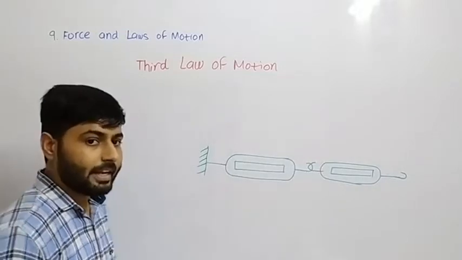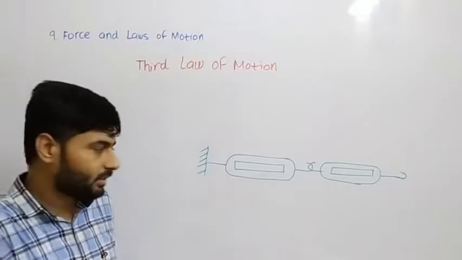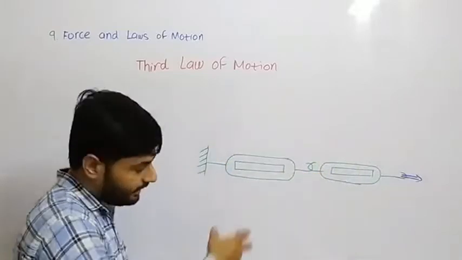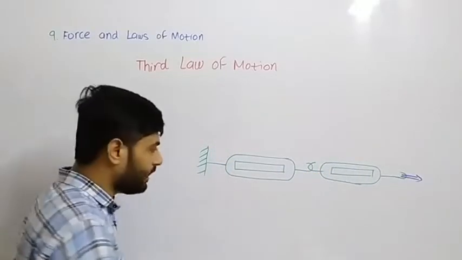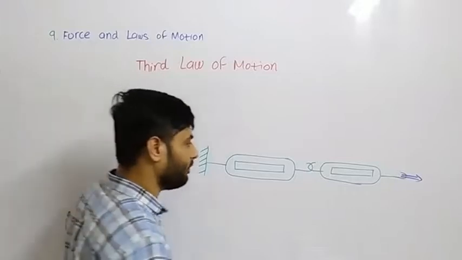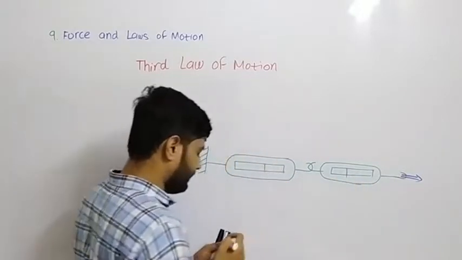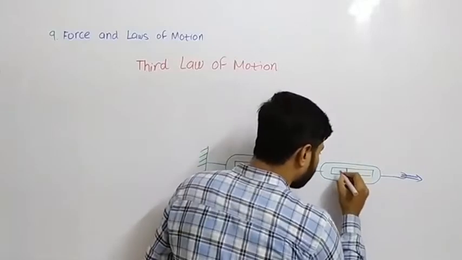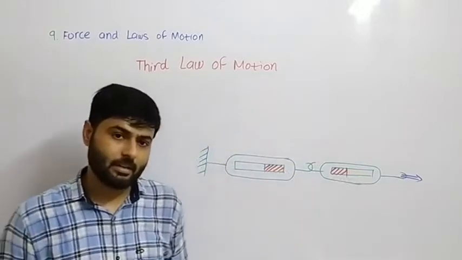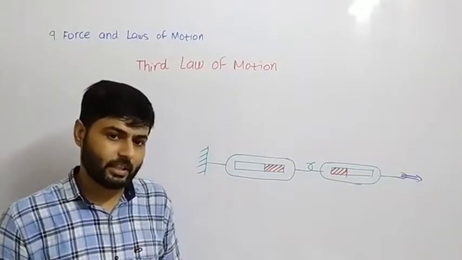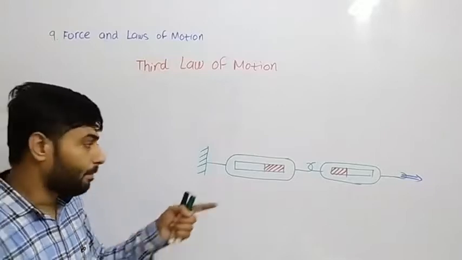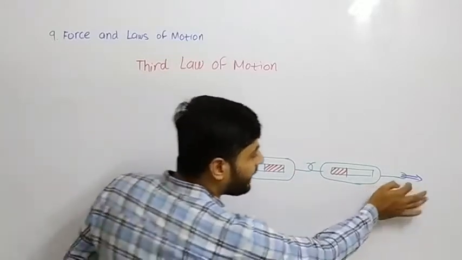Now if I pull this spring balance in this direction, what will happen? Both spring balances will show the same reading, say 10 kilogram. Both will show the same reading but in opposite direction, and the wall will also exert a force against the force I have exerted here.